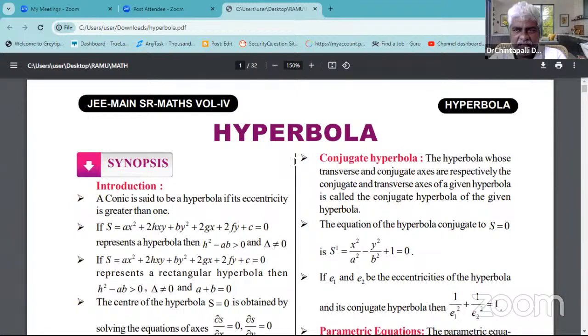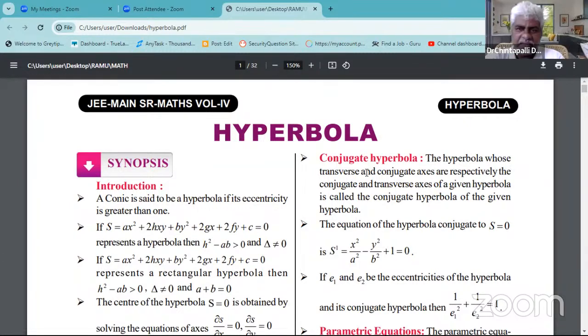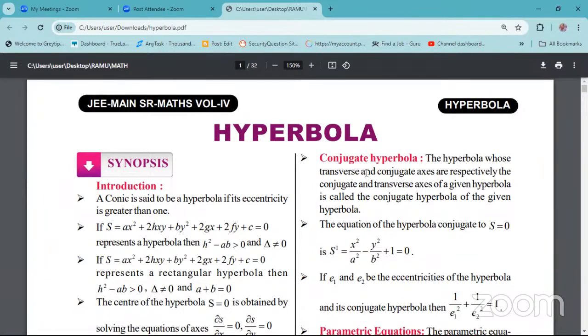Once have a look at conjugate hyperbola, because it has a special name. We should learn its definition. Just read the conjugate hyperbola definition. A conic is said to be a hyperbola if its eccentricity is greater than 1. The hyperbola whose transverse and conjugate axes are respectively the conjugate and transverse axes of the given hyperbola is called the conjugate hyperbola of the given hyperbola.